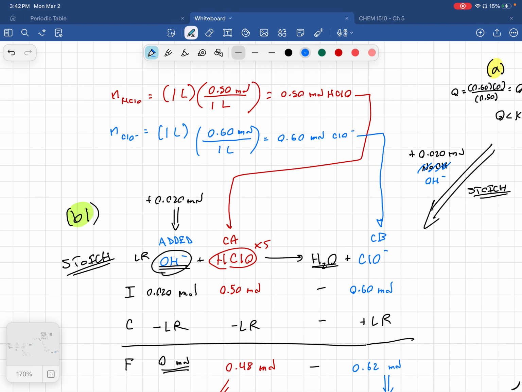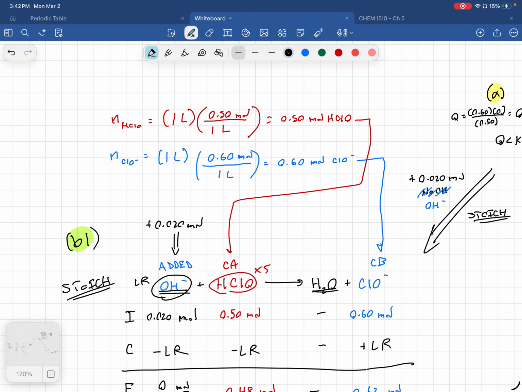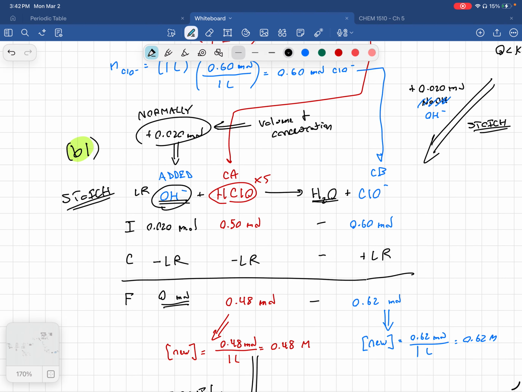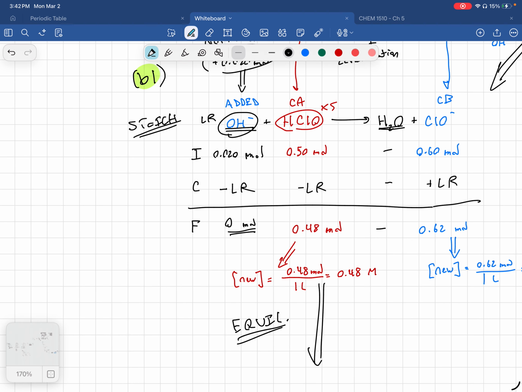Now, in reality, normally, this will be added as a volume and a concentration. And so just remember, for future problems, the new volume is always going to be the volume of the buffer solution plus the volume of whatever you added.